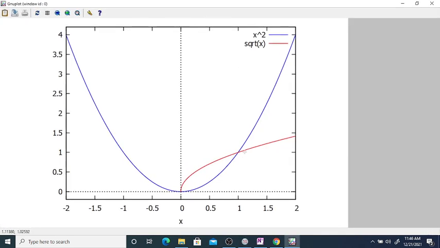Okay, so this red line represents the graph of y equal to square root x, and this blue line is for y equal to x square, and this is the closed region bounded by y equal to square root x and y equal to x square. You can see, and this region is bounded between the points 0 0 and 1 1.